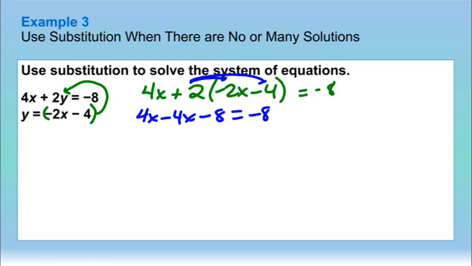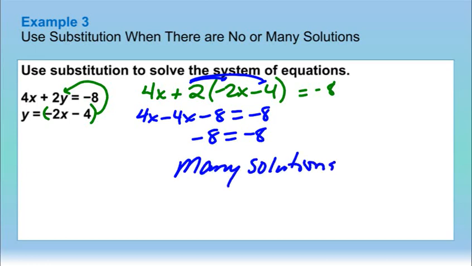When I combine like terms, I'm left with negative 8 equaling negative 8. Because both sides are equal, I know that this is many solutions. Which just means I can put any number in and it will work. Now, if I would have put the 8 to the other side, I would have ended up with 0 equaling 0, which as long as both sides are equal to each other, they're identical, it's always many solutions.